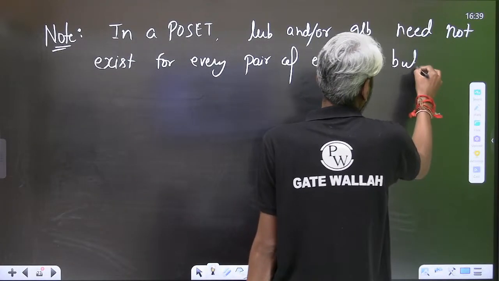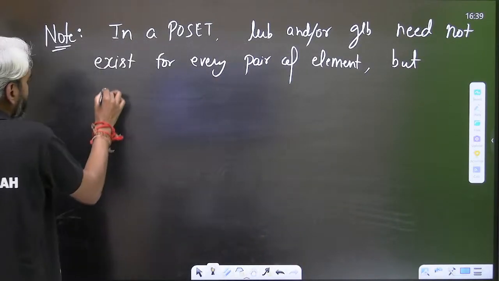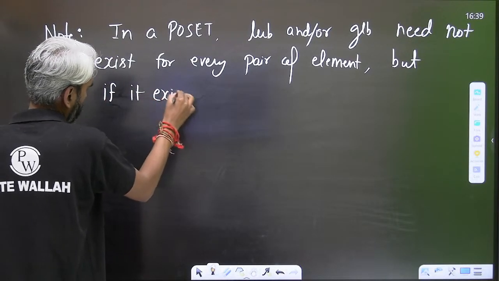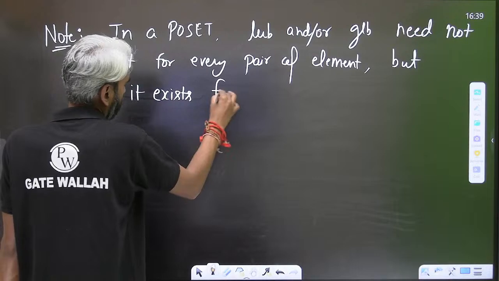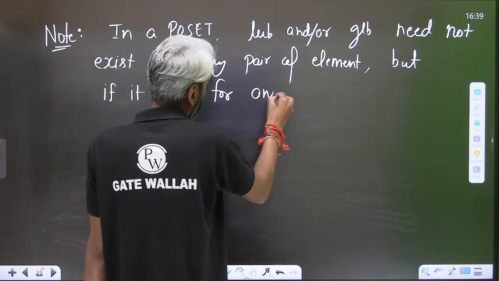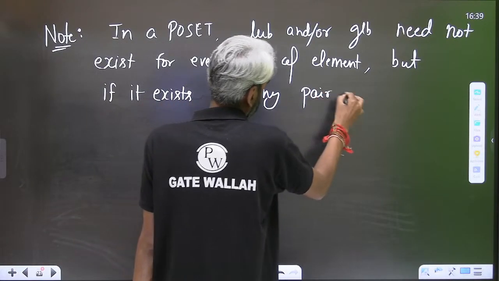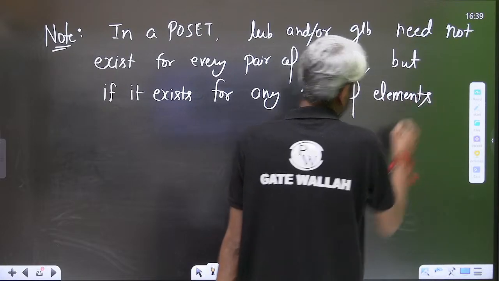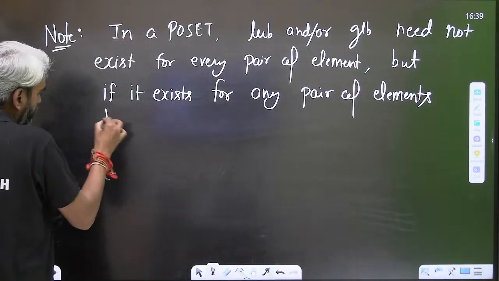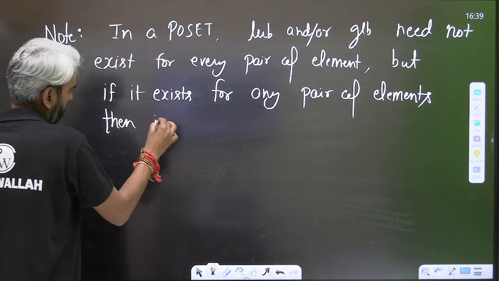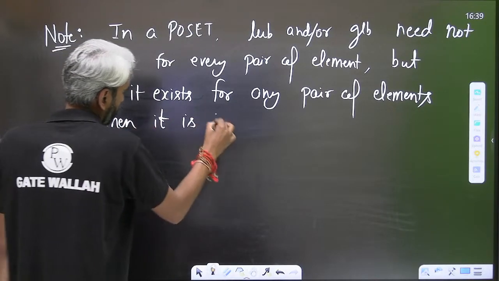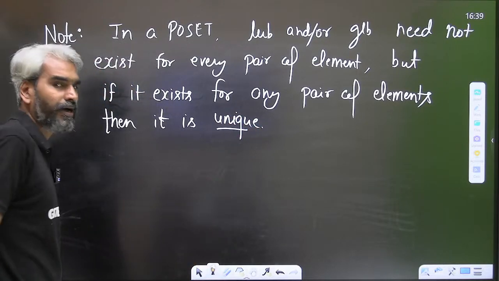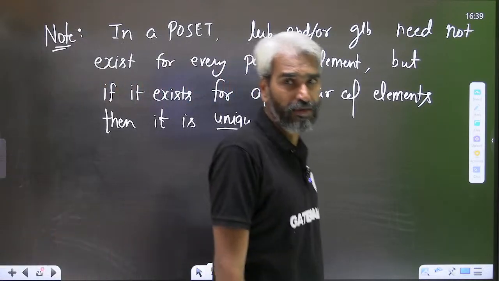But if it exists for any pair of elements, then it is unique. So, it cannot be the case that for a pair of elements A and B, there are 2 or more least upper bounds.